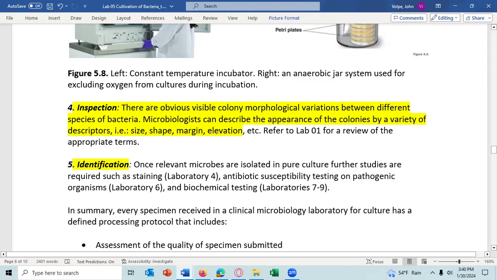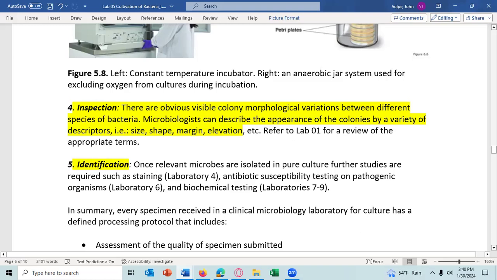All right. And then lastly is identification. This is when you test the isolated colonies to see what the results will be in a different test. And by running the different tests, you can identify the species of bacteria that is growing from the clinical specimen.